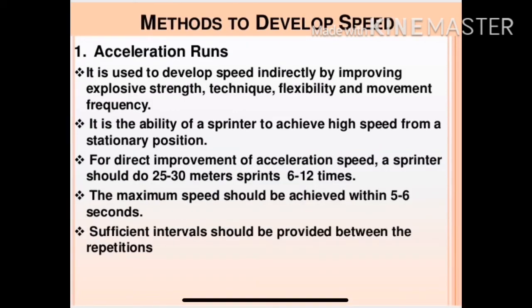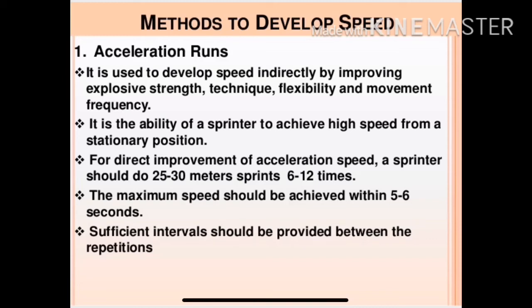So the first training method to develop speed is acceleration run. It is used to develop speed indirectly by improving explosive strength, technique, flexibility, and movement frequency. It is the ability of a sprinter to achieve high speed from a stationary position.